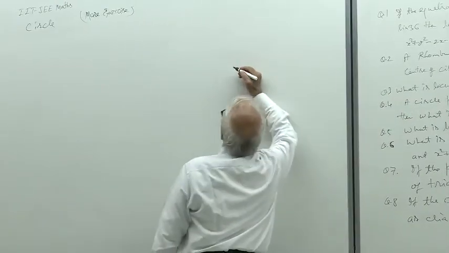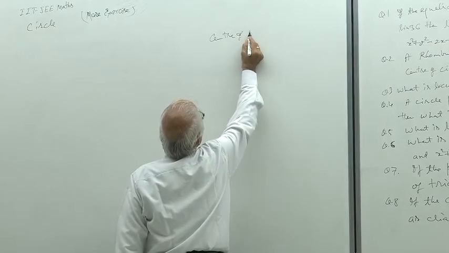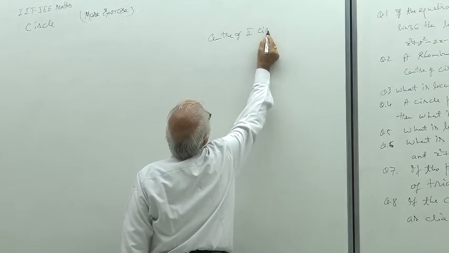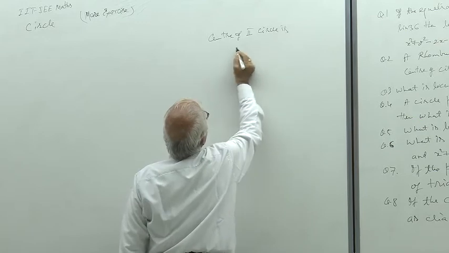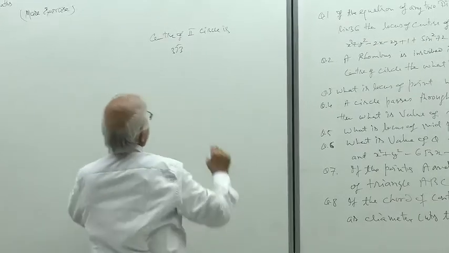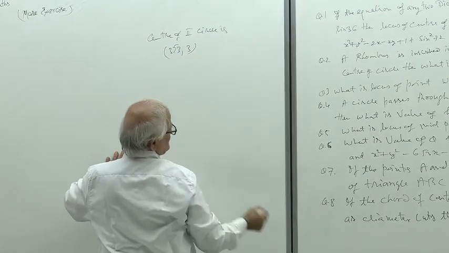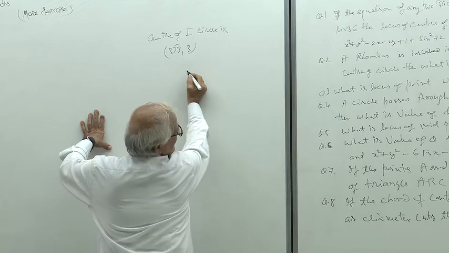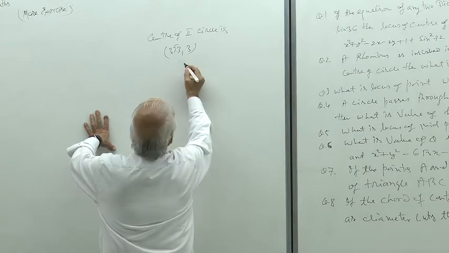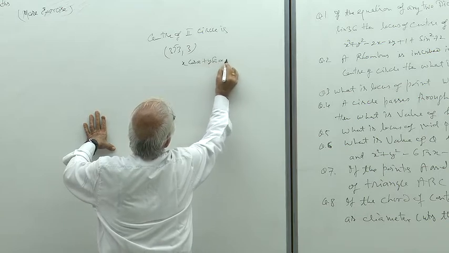Then the center of the second circle is (3 root 3, 3). This is the center, and draw the perpendicular from this on this line. What is the tangent? x cos theta plus y sin theta is equal to 2.